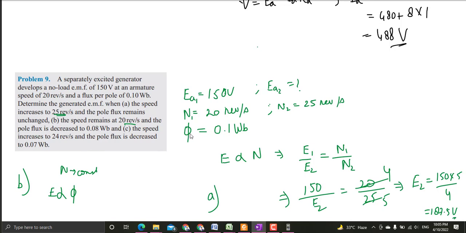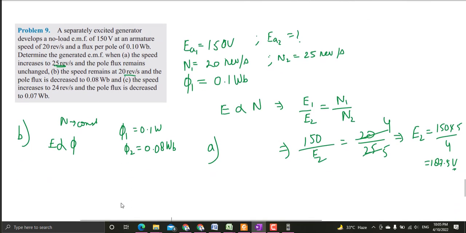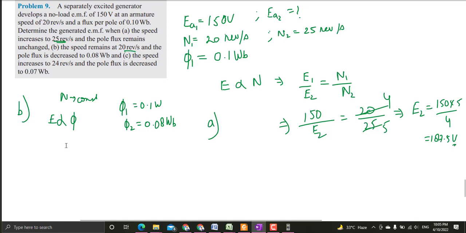So phi 1 was 0.1 Weber, and now it is decreased to 0.08 Weber. Phi 2 is 0.08 Weber.